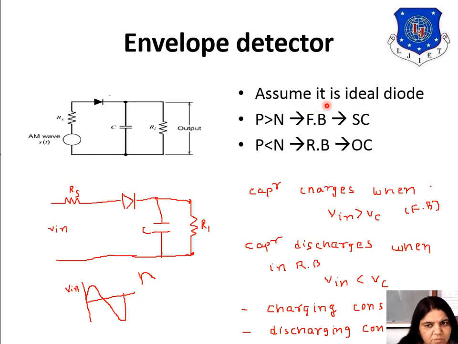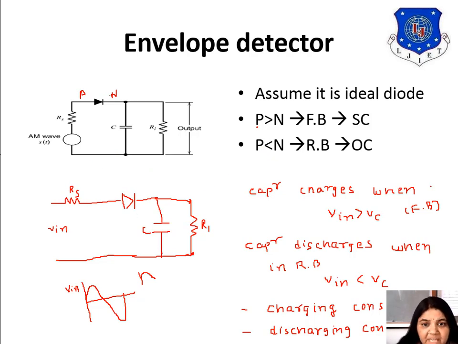Now we can assume that it is a simple ideal diode. This is the P, and this is the N. It's a PN junction diode.